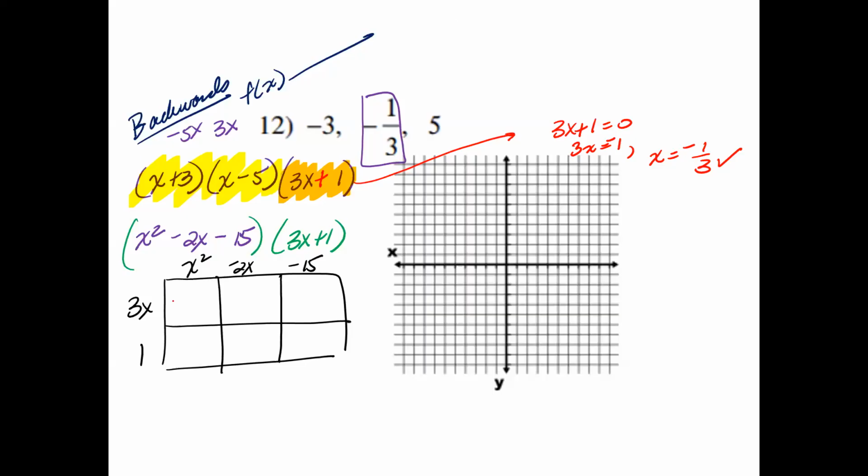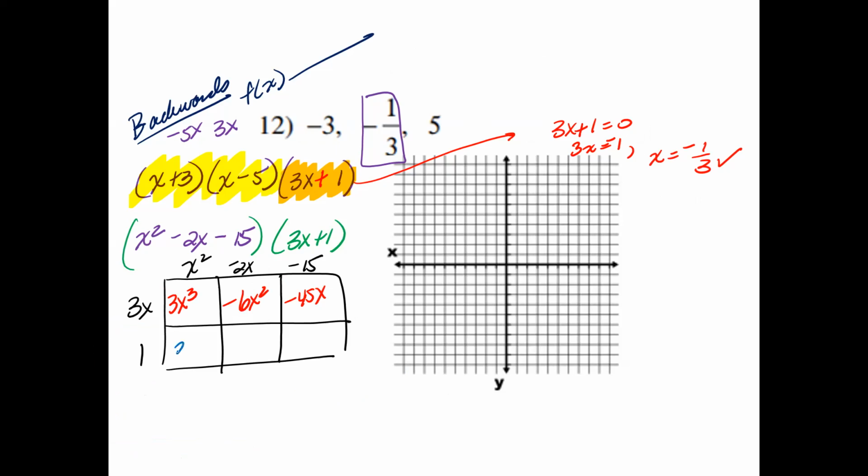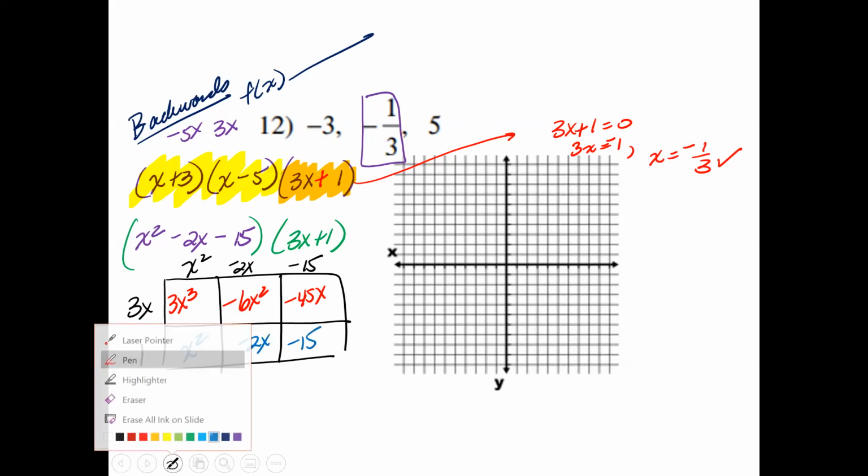Okay, so let's fill out the chart. You have 3x cubed, negative 6x squared, negative 45x. That's your first horizontal answer. Then your second horizontal answer is x squared minus 2x minus 15.